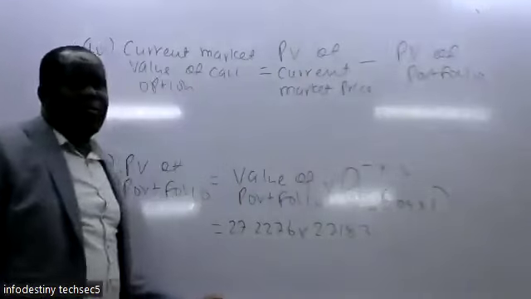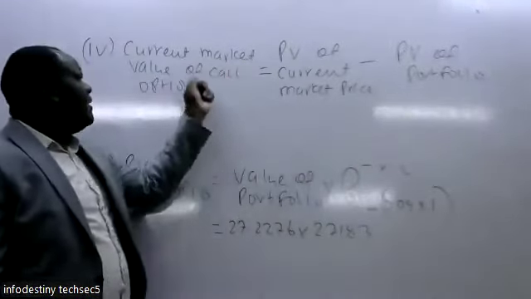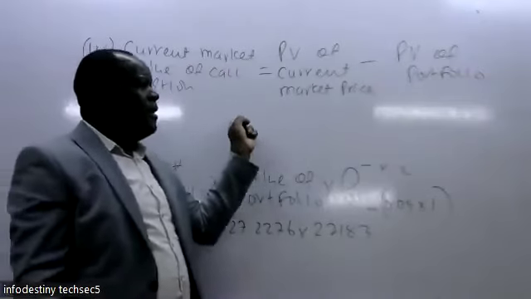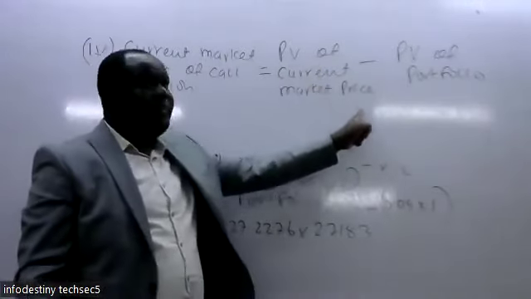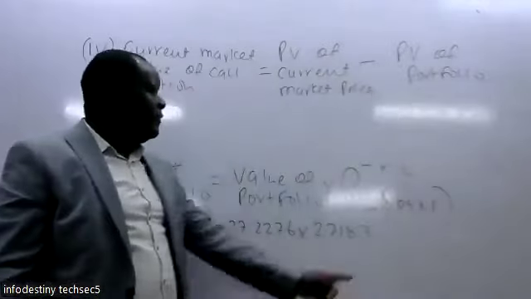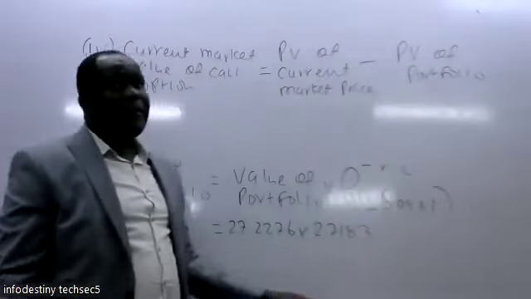So when you want to compute the current market value of the call option, you come up with the present value of the current market price minus the present value of the portfolio. The present value of the portfolio is your step number 3.